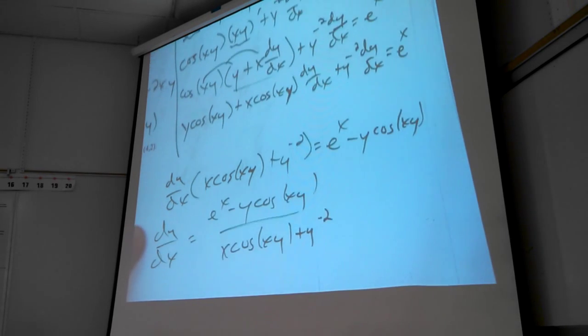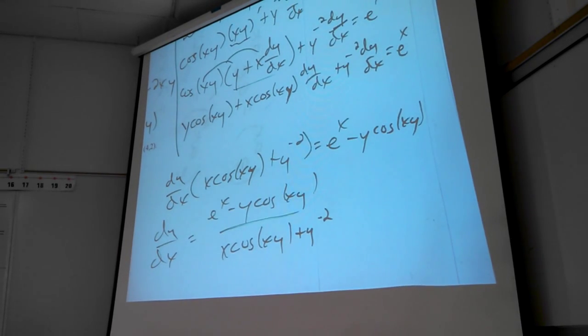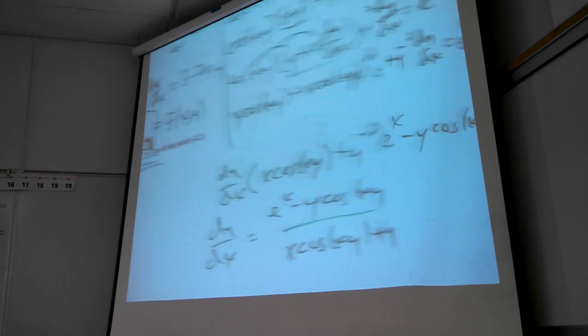And if you wanted to multiply top and bottom by y squared, that would be awesome. Why would I do that? So I don't have this negative, but it's not a huge deal. You could. And now we can use it to do what number 4 says.